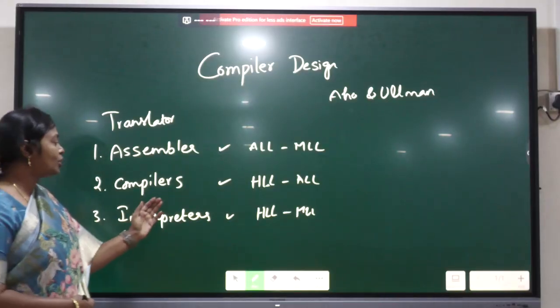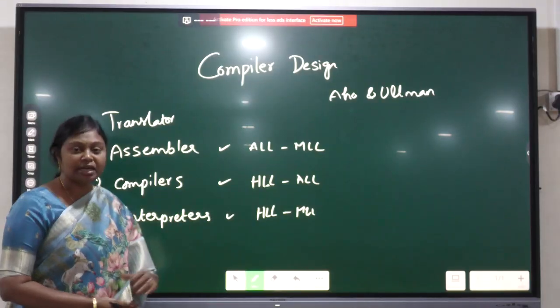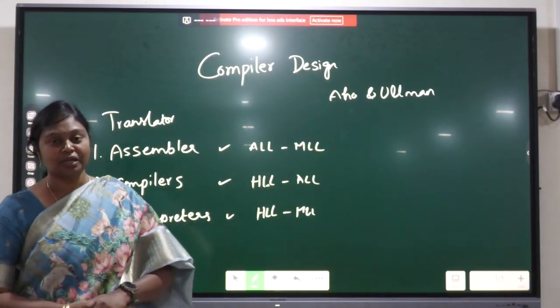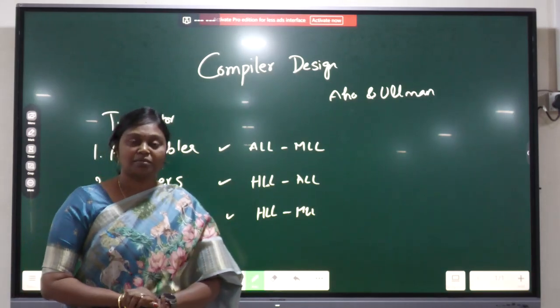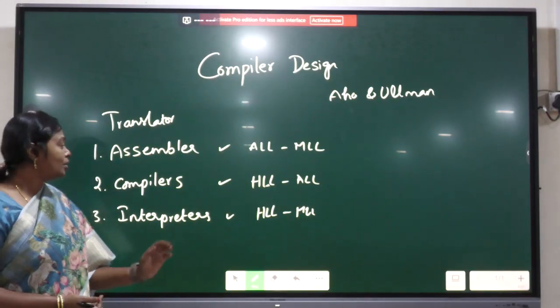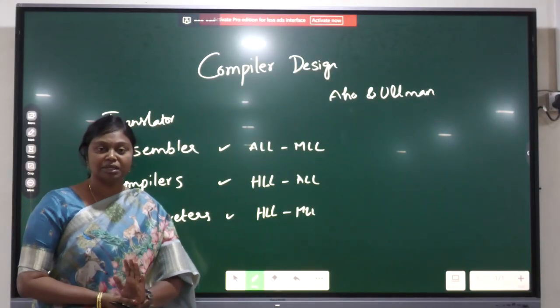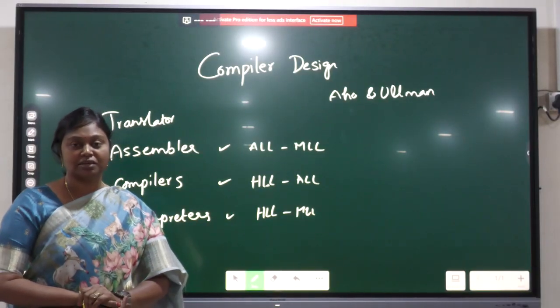So in general we write programs in high level programming language. Why can't we write programs in machine level programming language? Machine level programming language has only zeros and ones, right? But we always prefer to write programs in high level programming language. That doesn't mean that we can't write programs in machine level programming language.